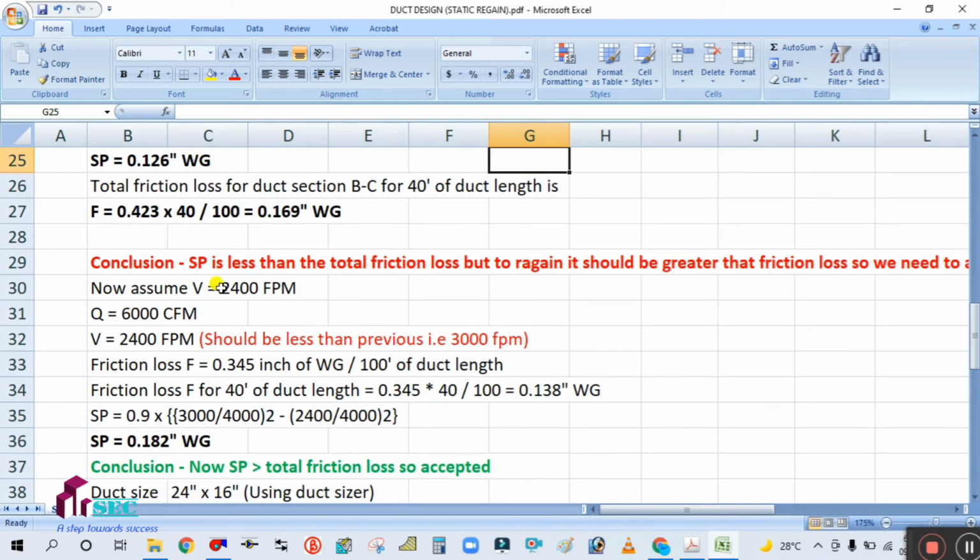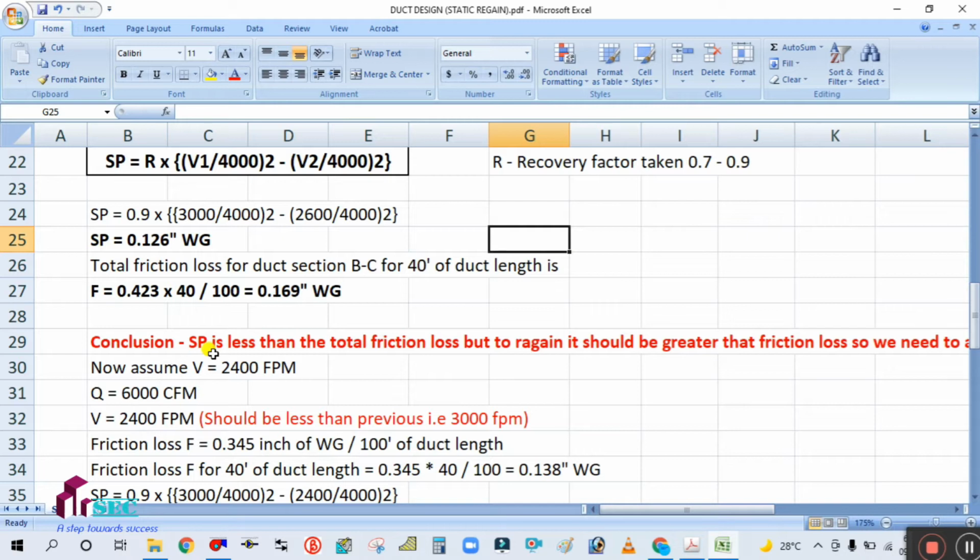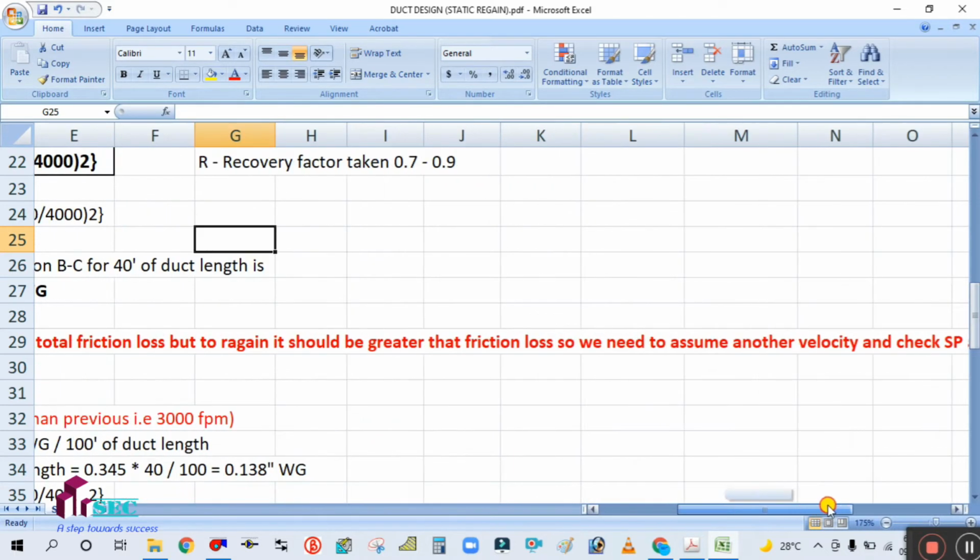So the conclusion is that the static pressure is less than the total friction loss, but to get the regain, it should be greater than the friction loss. So we need to assume another velocity and check the static pressure again.